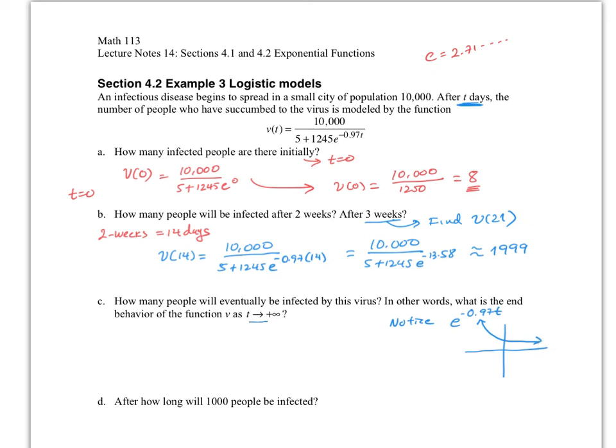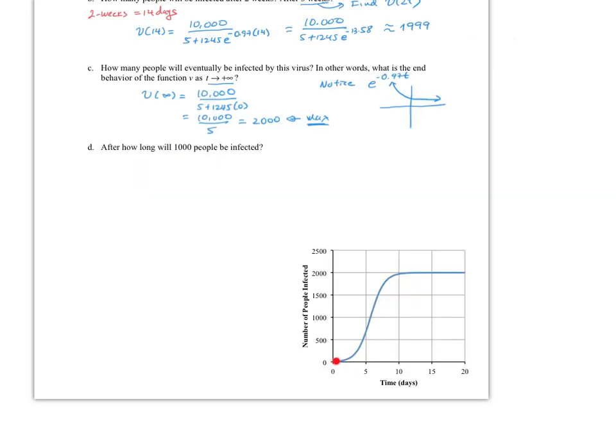So therefore, b of infinity, technically, is going to be 10,000 divided by 5 plus 1245 times 0, because this is approaching 0. So therefore, this is 10,000 divided by 5, which is 2,000. So this will be the maximum number that will be infected, which you can see from the graph. Notice how this increases pretty fast as the exponential part, and after 10 days, usually it goes to 2,000 for this particular problem, and that's it.